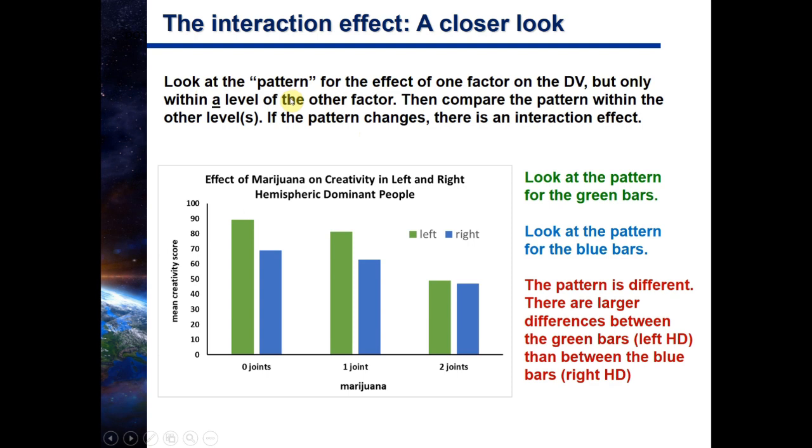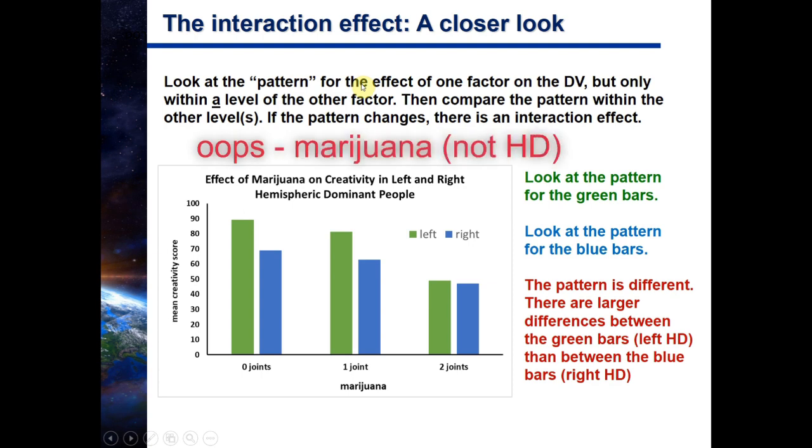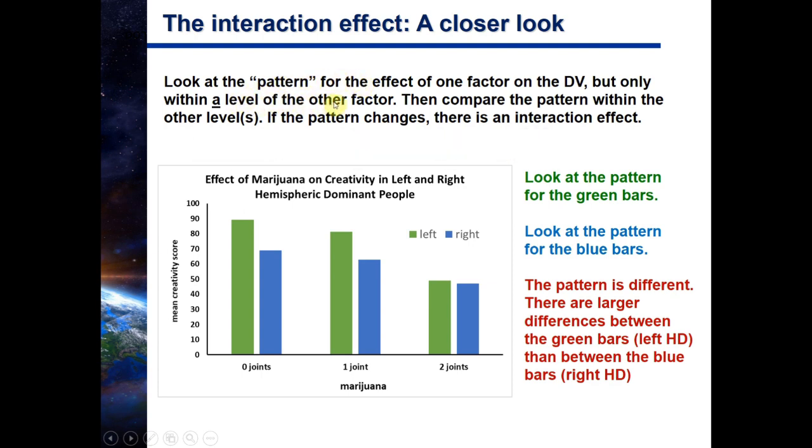You look at the pattern for the effect of one factor on the DV, but only within one particular level of the other factor. So you're going to look at the effect of marijuana, but only within one level of hemispheric dominance. We'll start with the left.